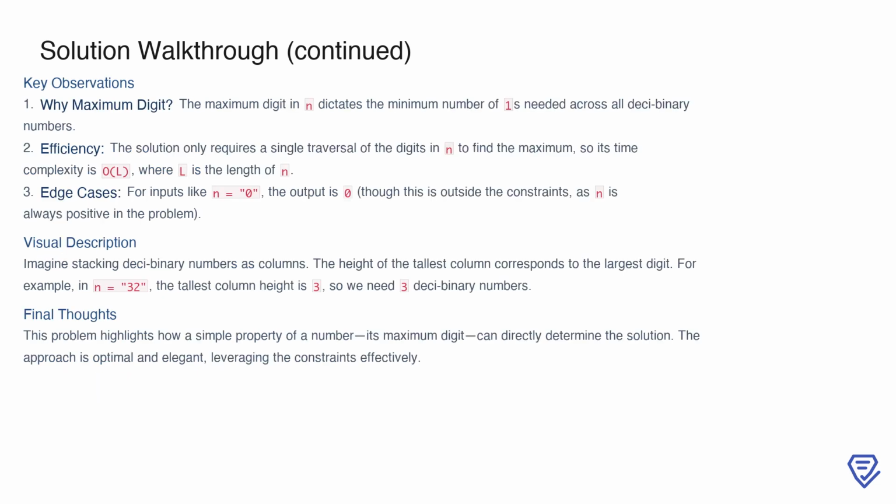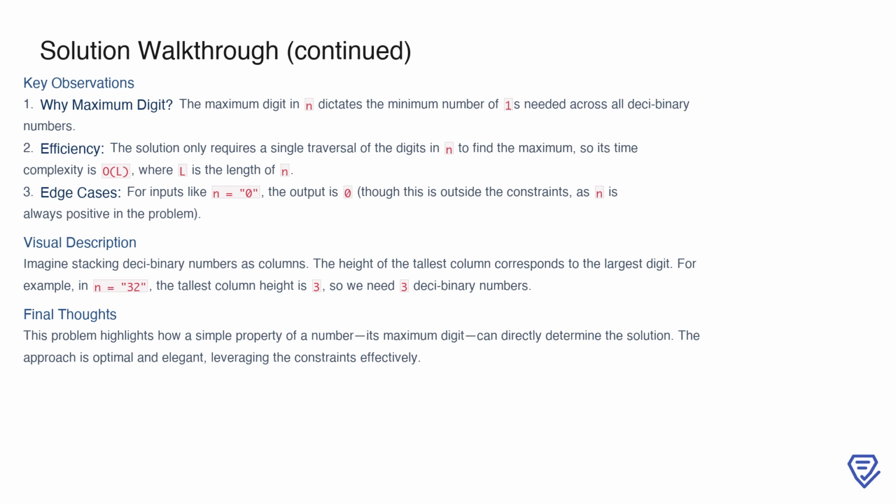Now, let's summarize the key observations. The reason why the maximum digit dictates the solution is that it determines the tallest column of 1s needed in the Deci-Binary representation. This approach is highly efficient, requiring only a single traversal of the digits in n, resulting in a time complexity of O(L), where L is the length of the string n. It's also important to note edge cases, such as n equals 0, which technically falls outside the constraints since n is always positive.